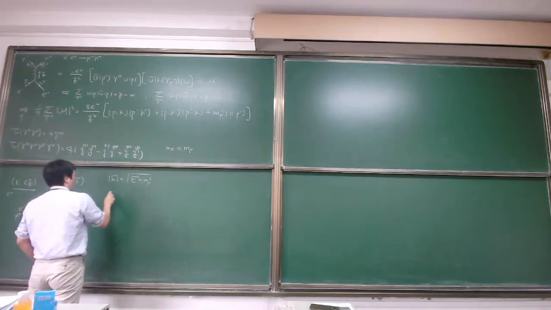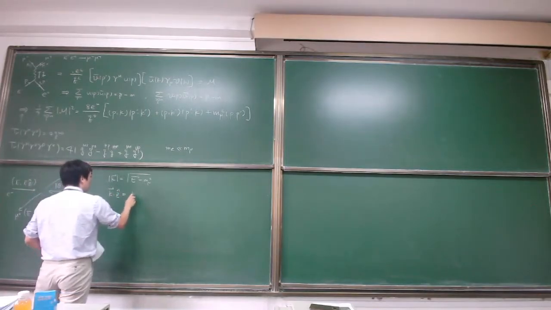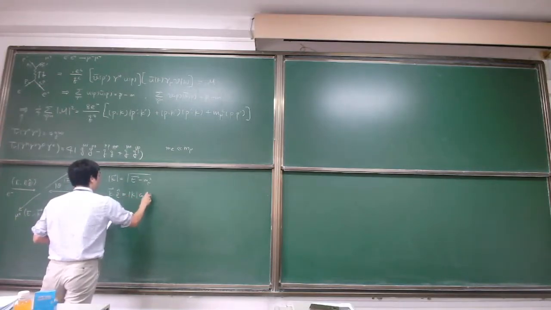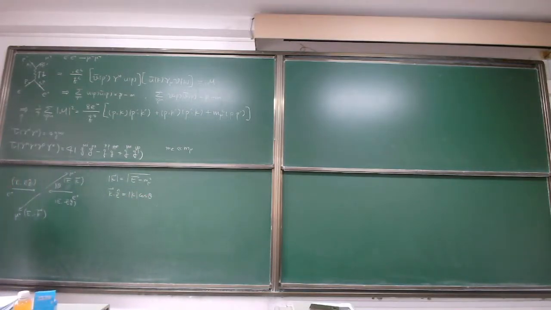And z is a unit vector on the z axis, and theta is just the angle between the electron minus and the muon minus momentum.